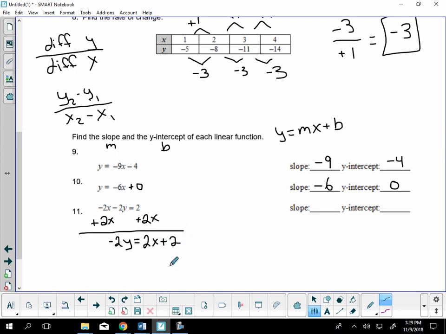Well, we still need to solve for that y, so I'm going to divide by -2. And when I do that, I get y equals -1x, which we're just going to write -x, minus 1. So my slope is -1, and my y-intercept is -1.